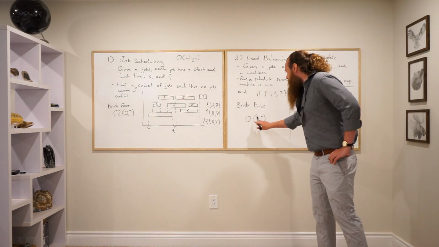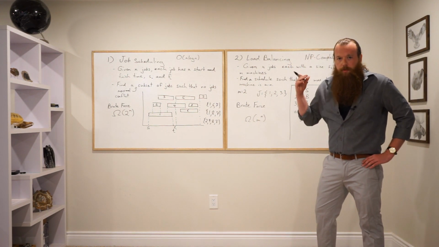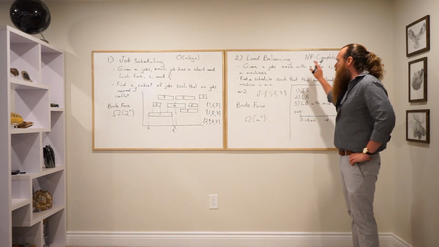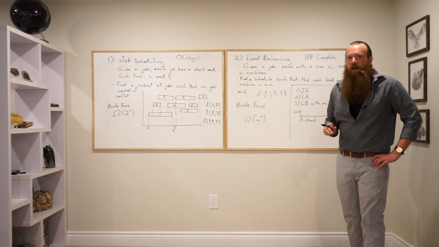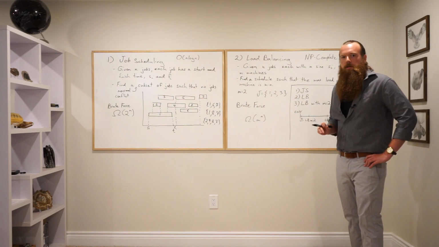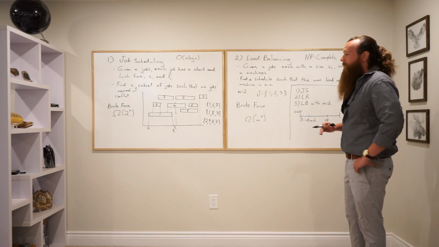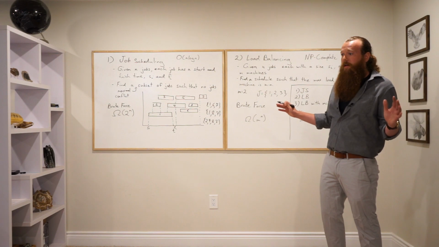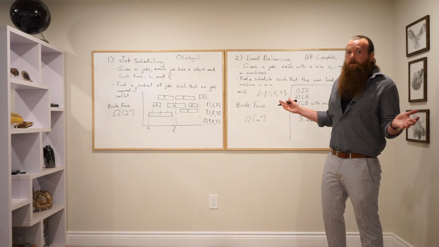It's still big omega m to the n. The best known algorithms we have to solve this problem run in exponential time. We have not figured out how to do any better than that. That doesn't mean that there doesn't exist one that's better than that. We just don't know about it if there is.